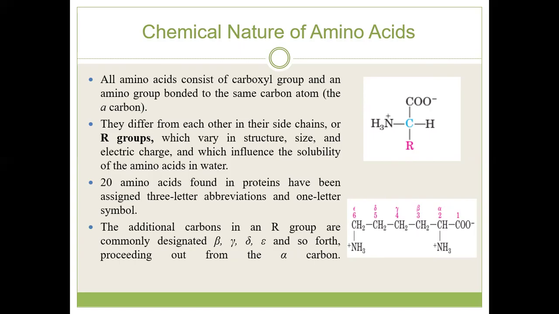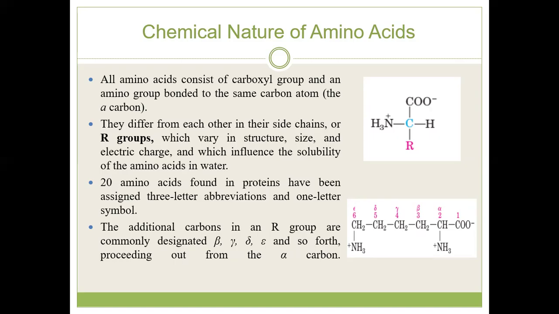So basically, all the amino acids have a similar carboxyl group, amino group, and hydrogen atom. What makes them differ from each other is what we call the R group or the side chain.